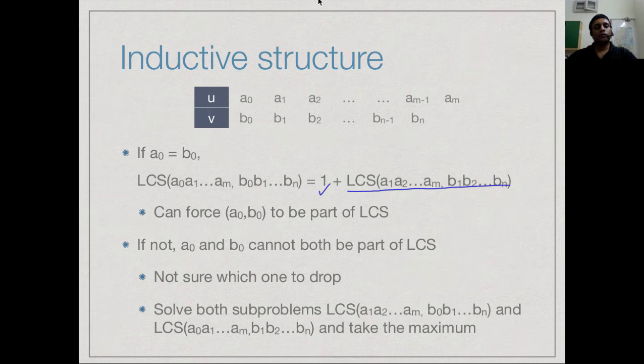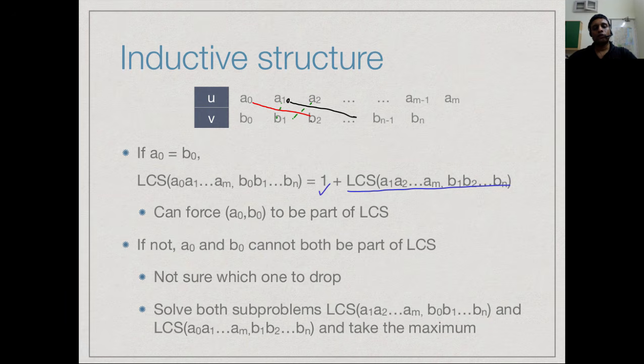One might argue that this is not the way I want to go. Supposing A0 in fact should be matched to B2. That would be the best solution, so it is not a good idea to match A0 to B0. But notice that if A0 is matched to B2, because it's a subsequence, then anything to the right, say A1, is matched to something which must be further to the right. I cannot have any match which crosses, because they must occur in the same sequence.